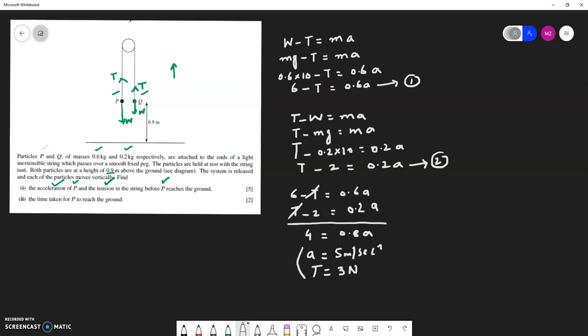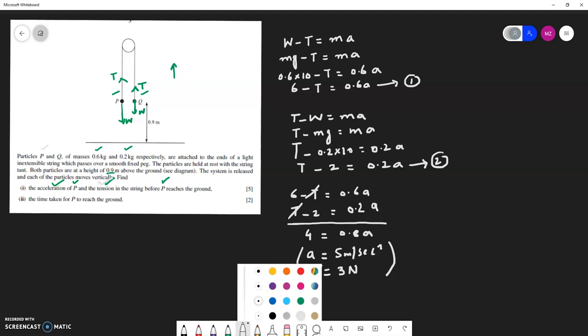So this is our solution of the first part, where we were asked to find the acceleration and the tension in the string.